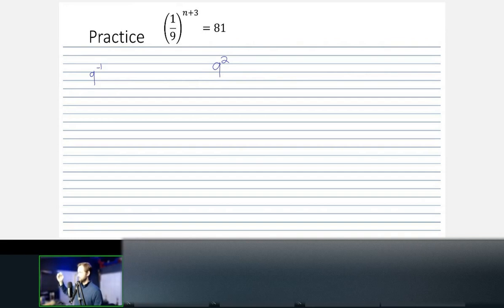We can just flip it, right? And then don't forget, the exponent is already n plus 3, so we carry that with it, and we have to multiply them. And then on the right side, we have 9 squared. Okay. Does that look right?